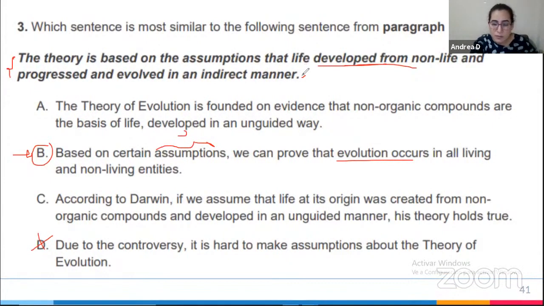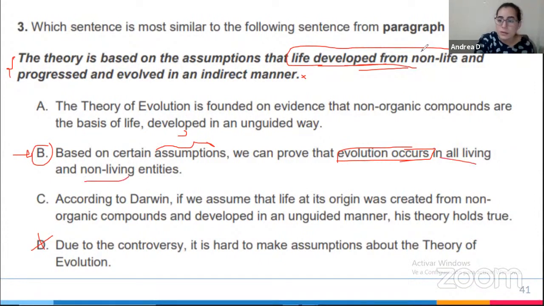So is that the same as this one? Well, not really, right? Because it's not really that evolution occurs in living and non-living entities, but that life developed from non-life. So evolution occurs, or life developed from non-life. It's kind of a different thing, it's off topic. Wouldn't you agree? Non-living could be a synonym of non-life.